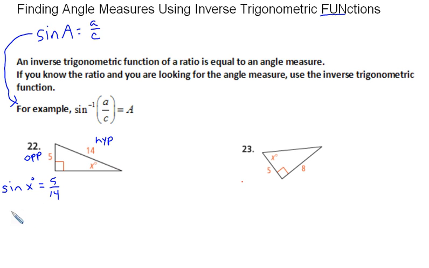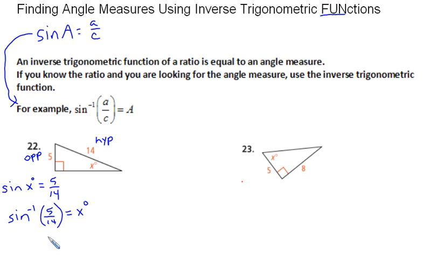So remember, we're going to use inverse trig functions to find the angle measure because the inverse trig function of the ratio, which is 5 over 14, is equal to the angle measure, which in my problem is x. So we just need to use our calculators.